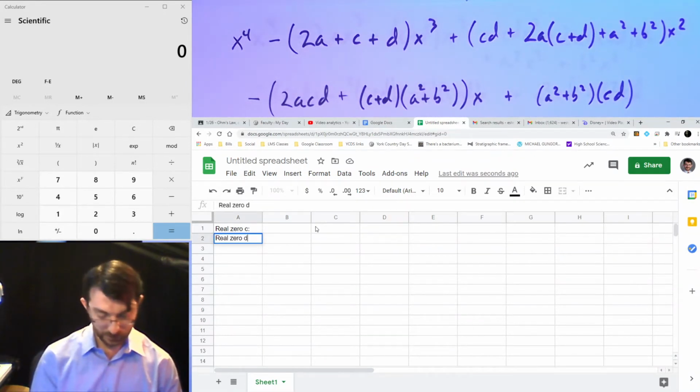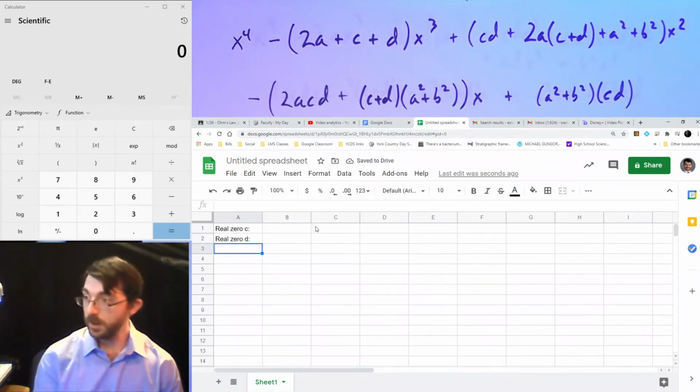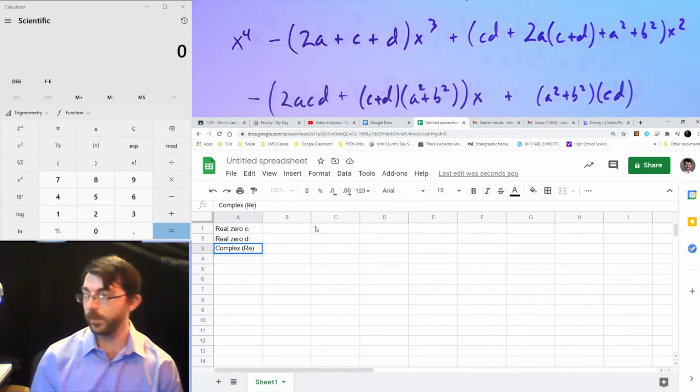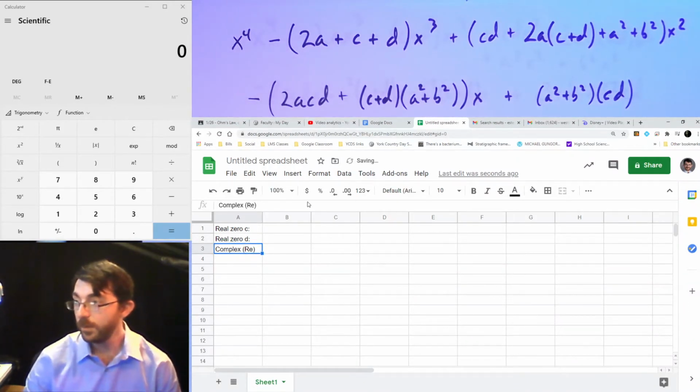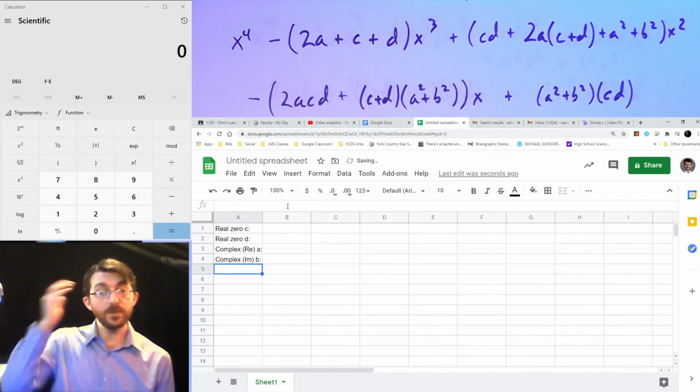Real zero D, whatever that is, I'll put it right there. And now the complex real part, I should put A, and then the complex imaginary part B. Okay, so those will be the 4 numbers.